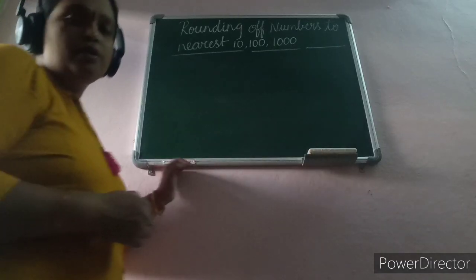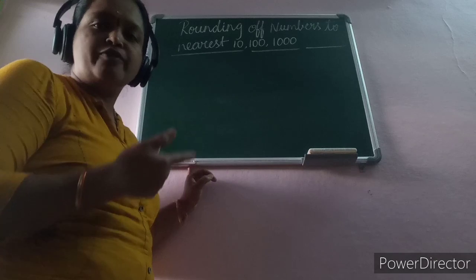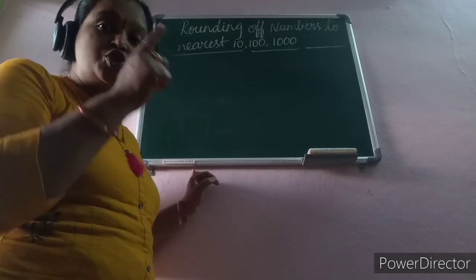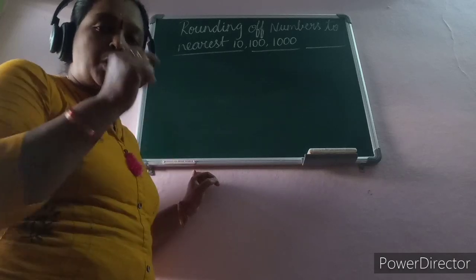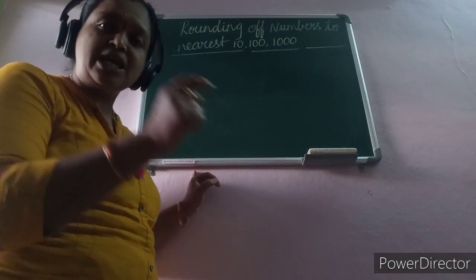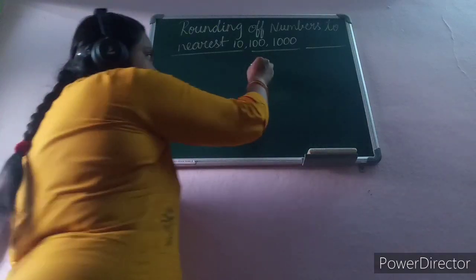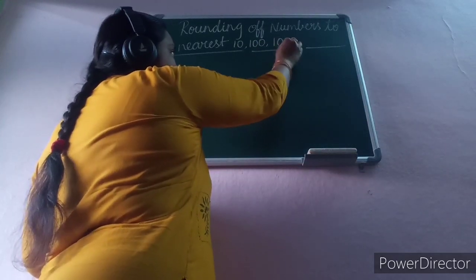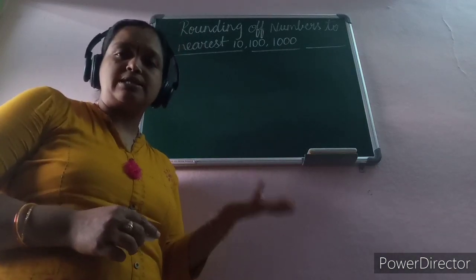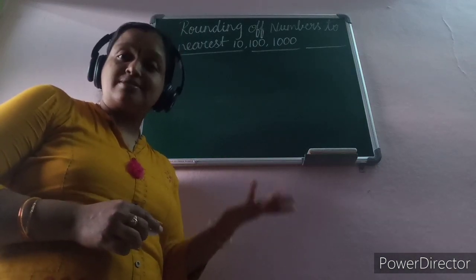First of all, when you are trying to round off a number to the nearest 10, 100, 1000, you should be clear about what has been asked in the question, like round off to the nearest 10, nearest 100, nearest 1000. Say for example, the question asks to round off to the nearest 10.